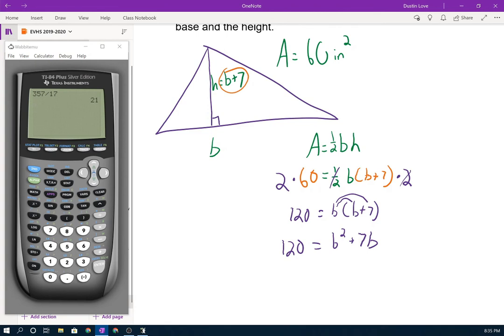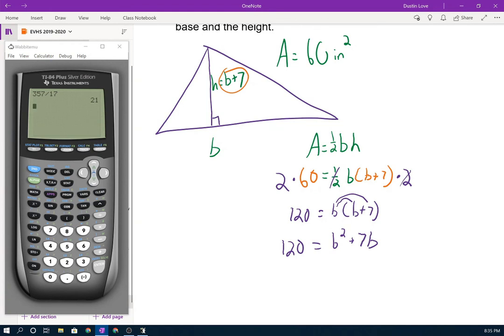So if you've forgotten how, don't worry. Here's the biggest thing you need to keep in mind when you're solving a quadratic. If you've got both a b squared and a b, or x squared and x, then you have to get everything on one side, set it equal to 0.